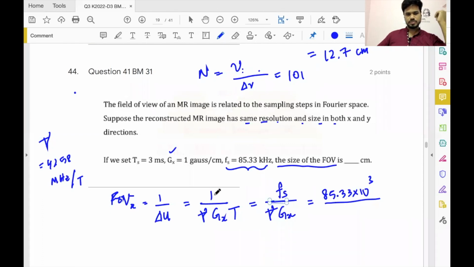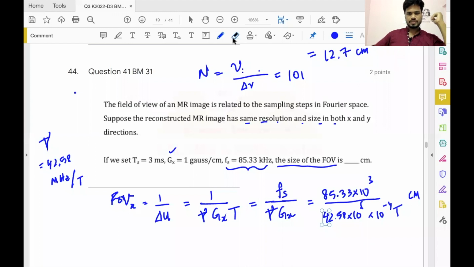Let's convert this into Gauss. So we have 42.58 into 10 power 6 megahertz per Tesla into 10 power minus 4 Tesla per cm. Yeah, per cm, so the answer we'll get will be in centimeters.